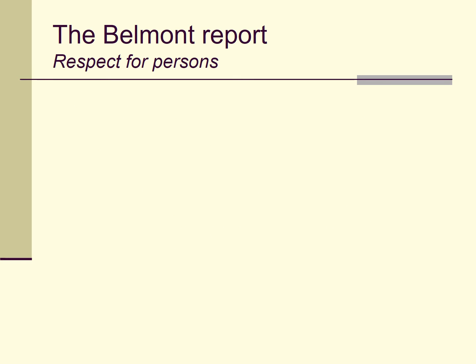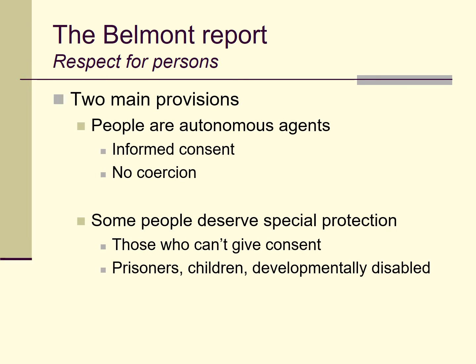So let's take each of the elements in the Belmont Report individually and talk a little bit about them. The first of these is respect for persons. Respect for persons has two main provisions. The first is that people are treated as autonomous agents. They're allowed to make their own decisions based on what they feel is best for themselves.